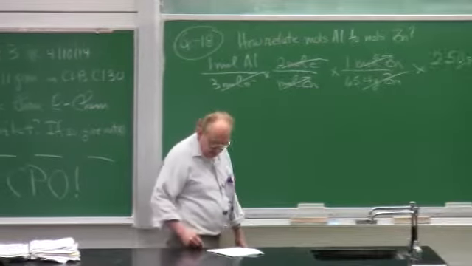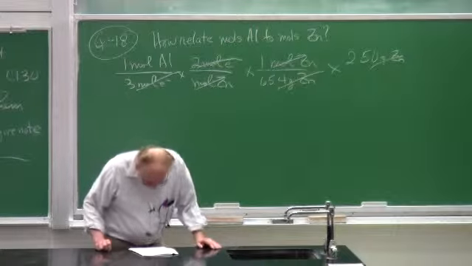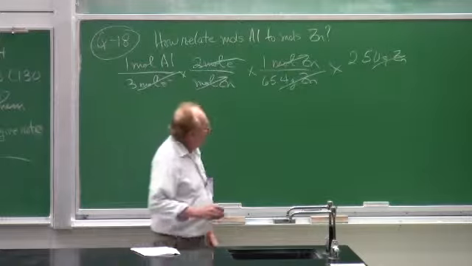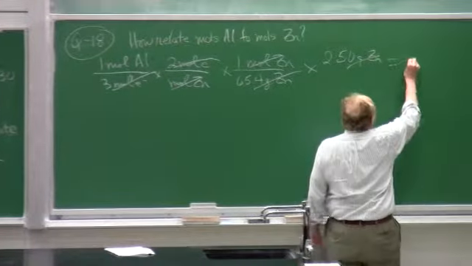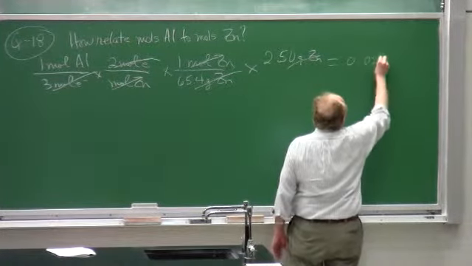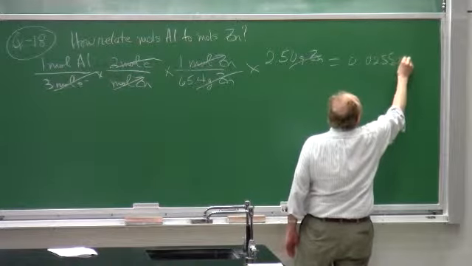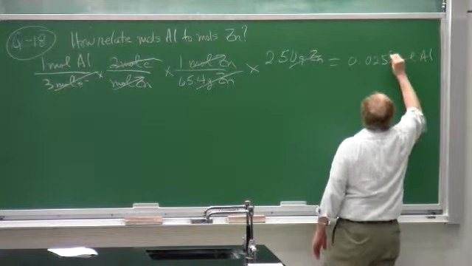Now we'll do the arithmetic. Get 0.0255 moles of aluminum.